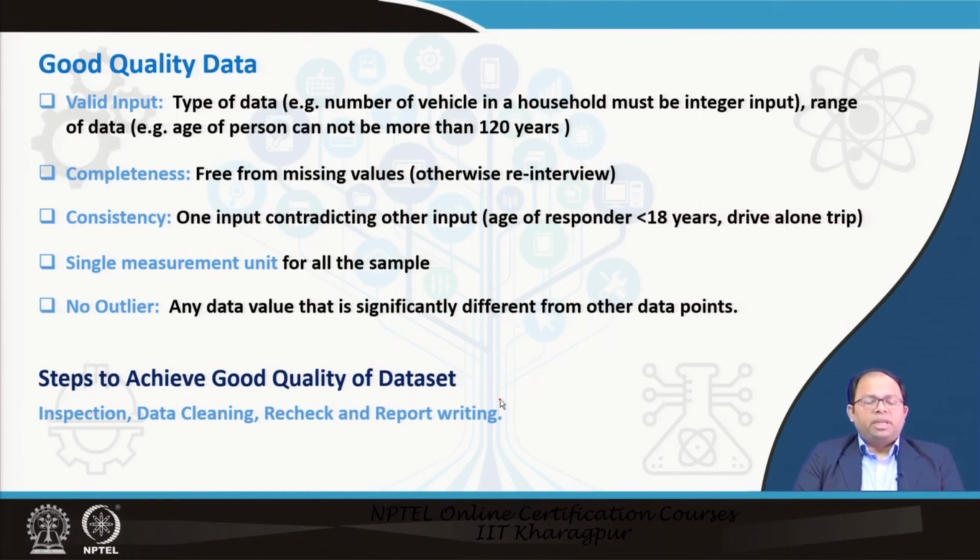That means the researcher should make sure that the surveyors have done these inputs properly. So type of data is important, and also the range of data is important. If suddenly a person records that age is 120 years, then that means it's a wrong input. So these are the things that need to be checked to see if the data is valid.